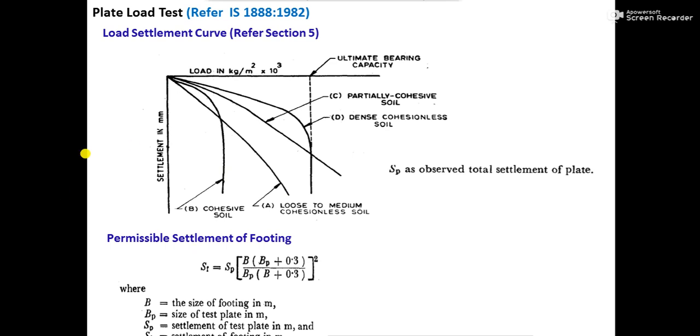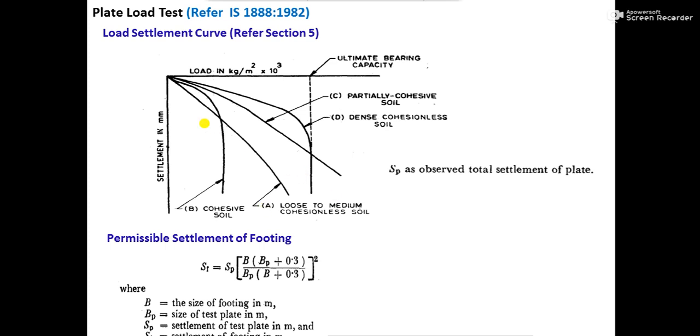And these curves are just indicative curves. You should not think these are the curves you are going to get at the site. These are the indicative curves as given in the Indian Standard Code, just to give you some idea about how you will be getting the curves for different types of soil.